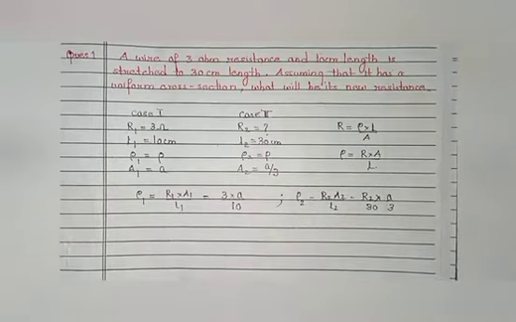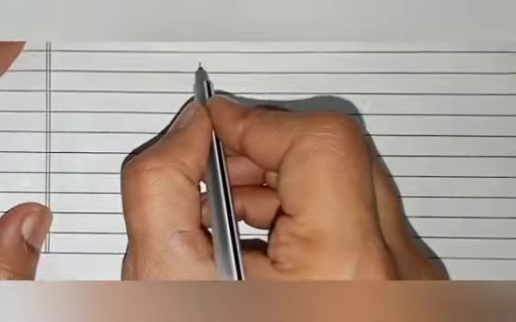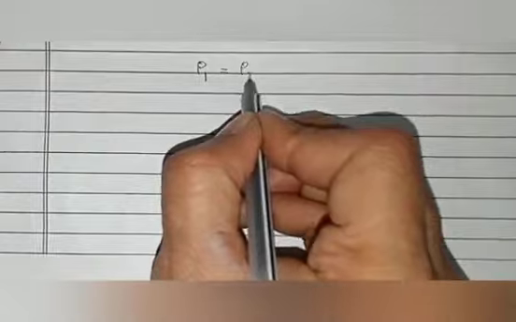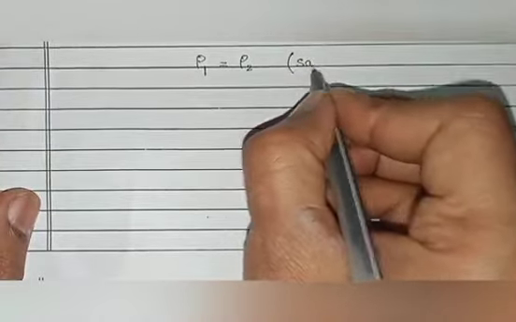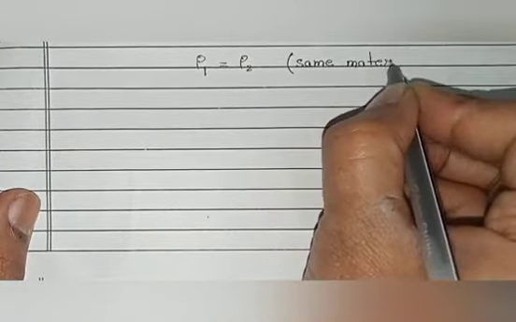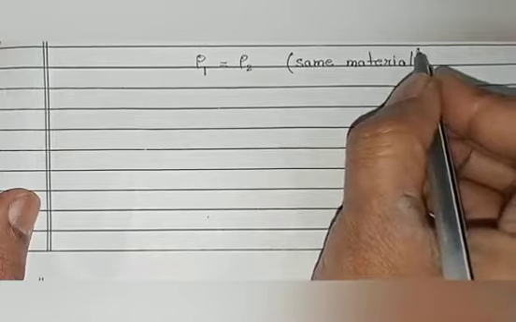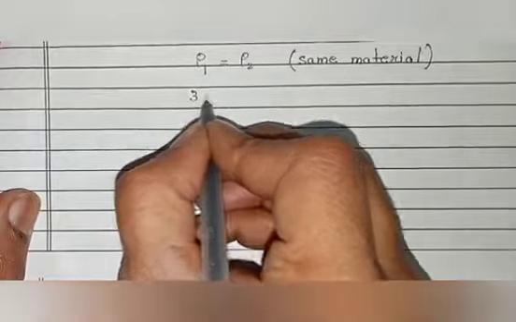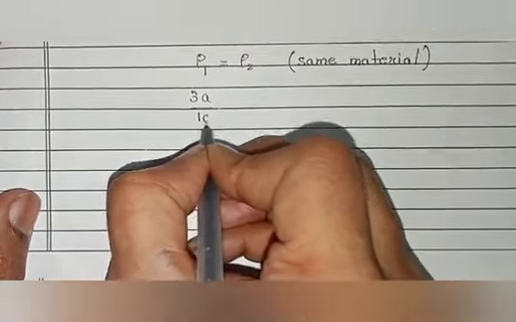According to the question, it's the same wire, so resistivity will remain the same. So we can equate these two. As the material is the same, there is no change in the material, so resistivity will remain the same. So equating the resistivity, for the first one we got 3A upon 10.